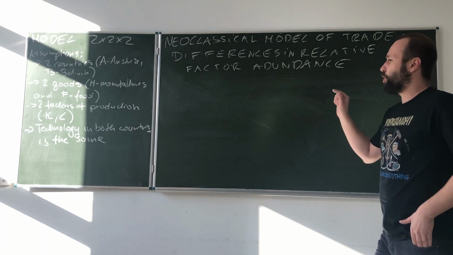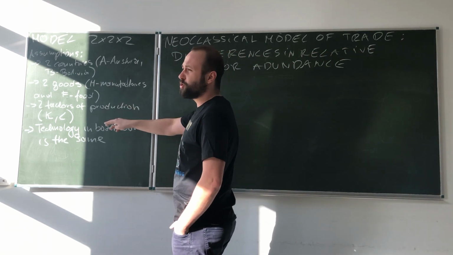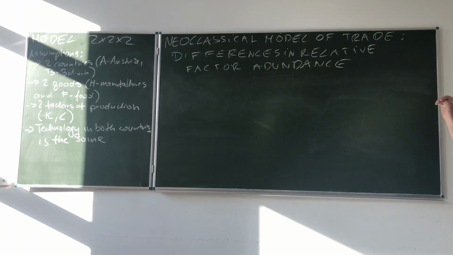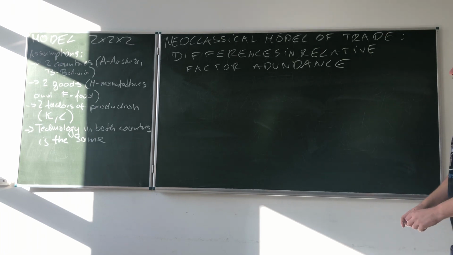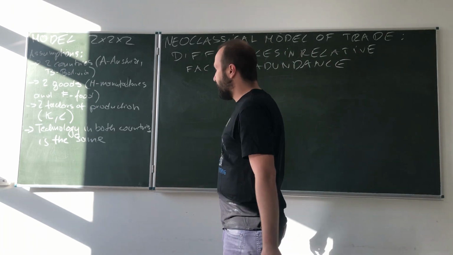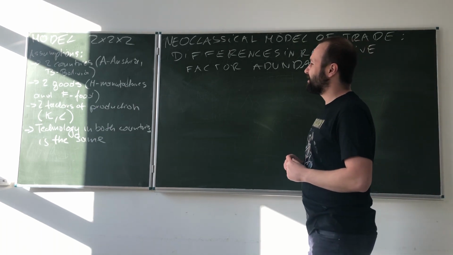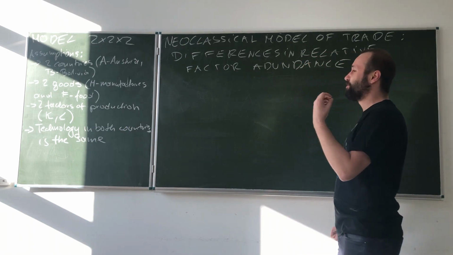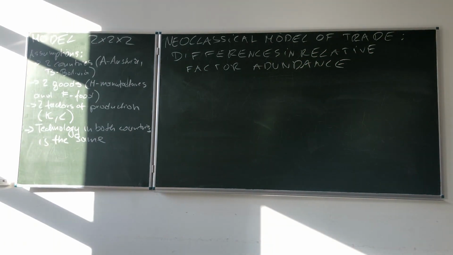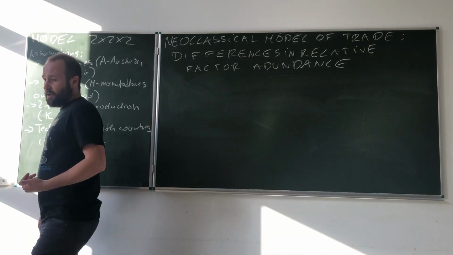So, what we can see is that technology is the same in both countries. It just differentiates between two sectors within those economies. Okay, now this assumption will allow us to make the distinction between trade driven by technology differences and trade driven by relative factor abundance differences.